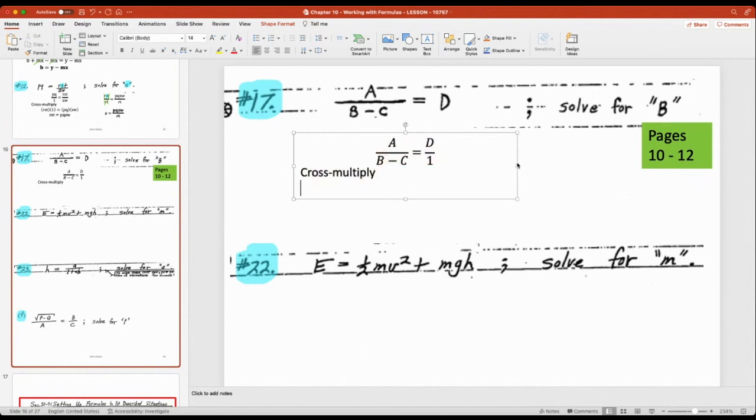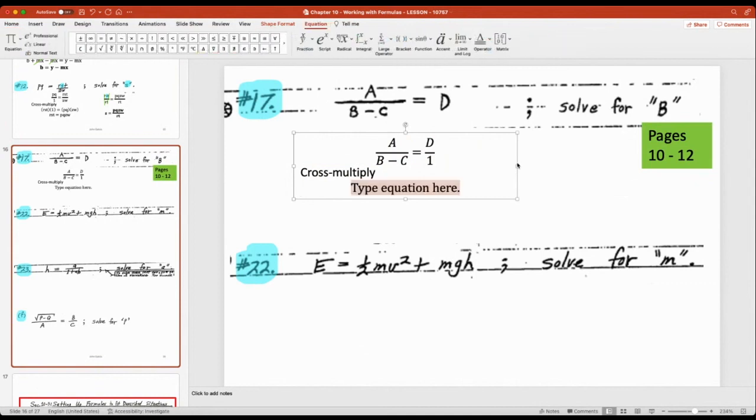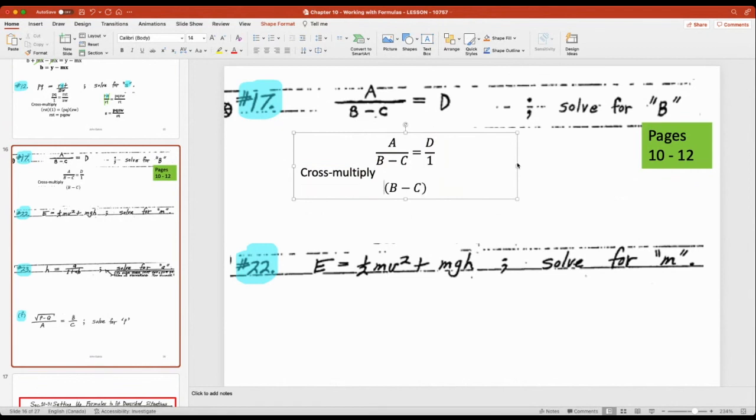So if we cross multiply, we get B minus C times D. I'll put the D in front, it just looks better. And then A times 1.